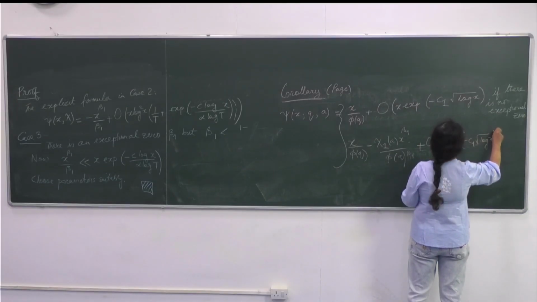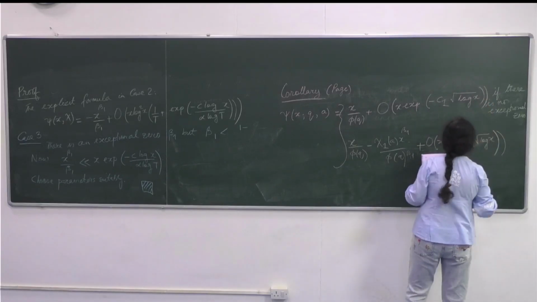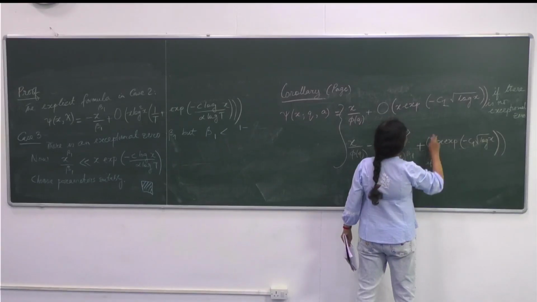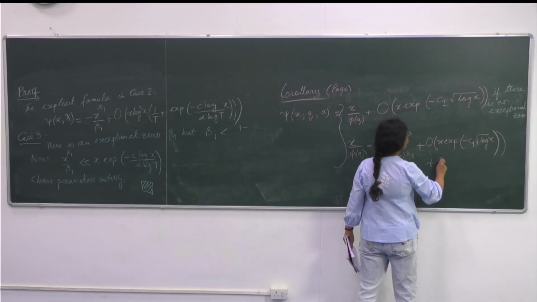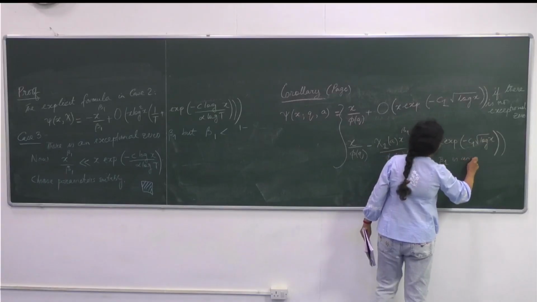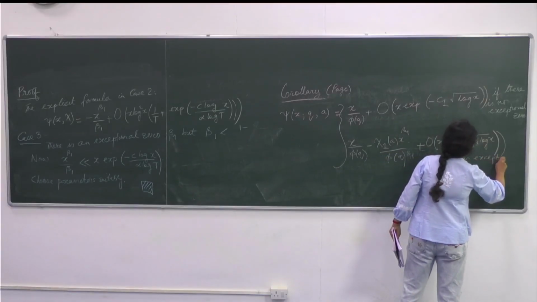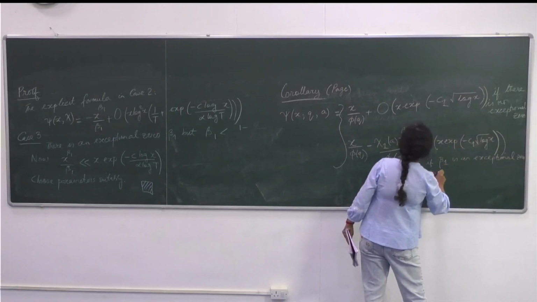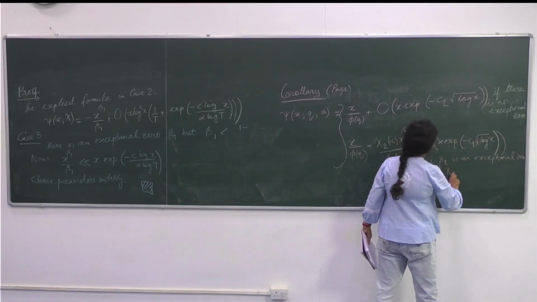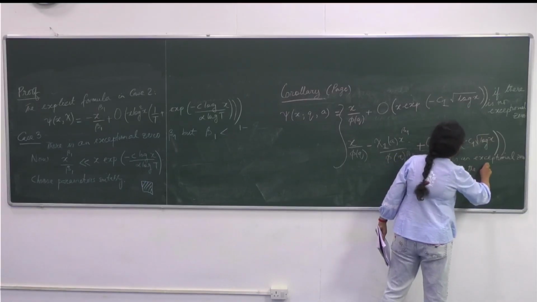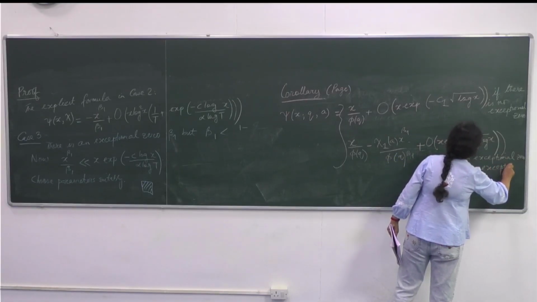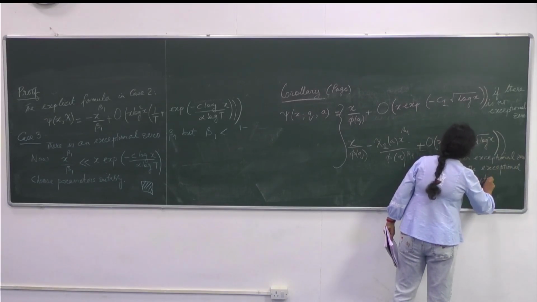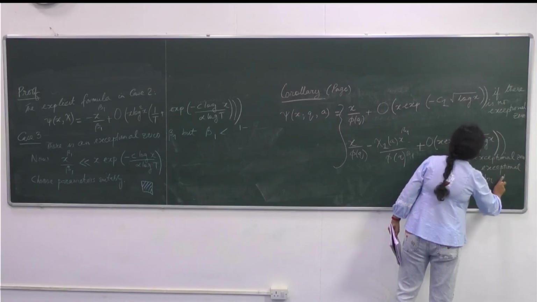Here, beta 1 is the exceptional zero, and chi1 is the exceptional character, which gives beta 1.